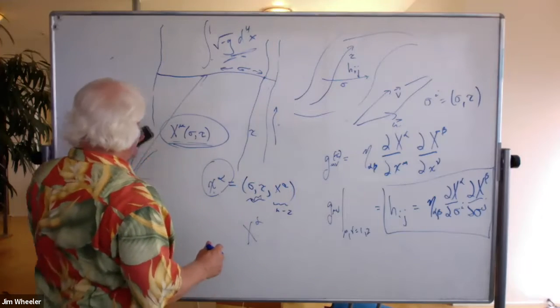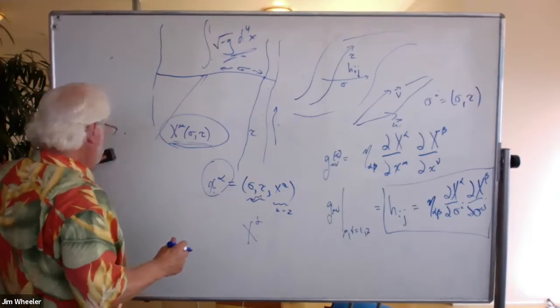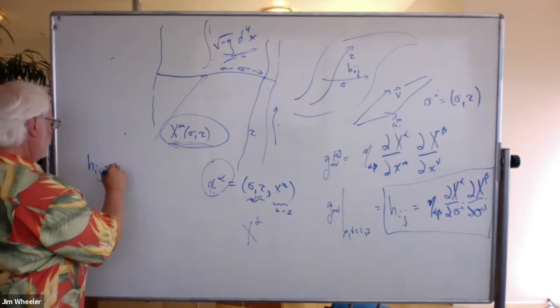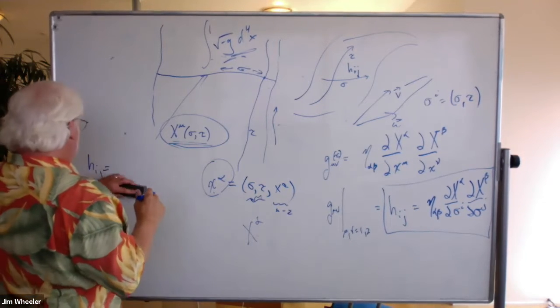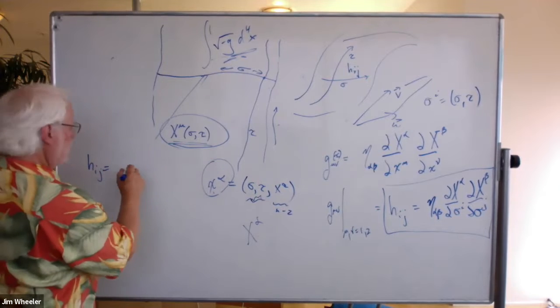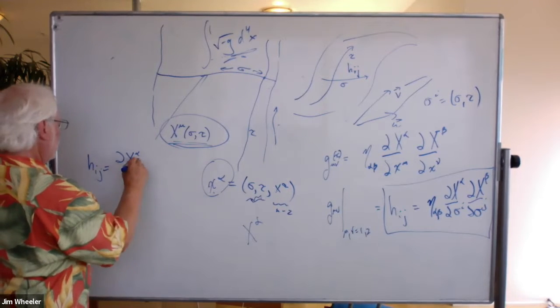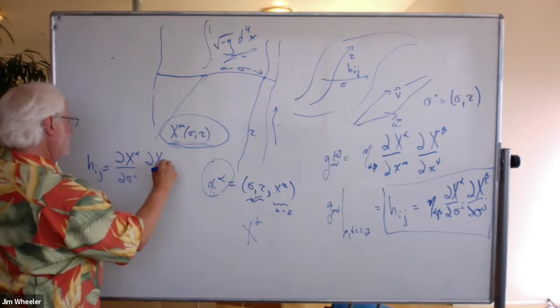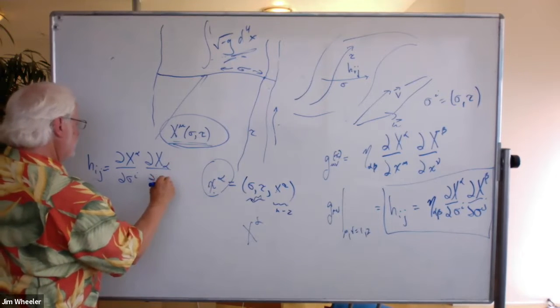So we can write that a little more simply. h_ij is equal to, all right, just the Cartesian inner product. So I'll just use that to lower one of these indices: dx alpha d sigma i, dx alpha d sigma j.